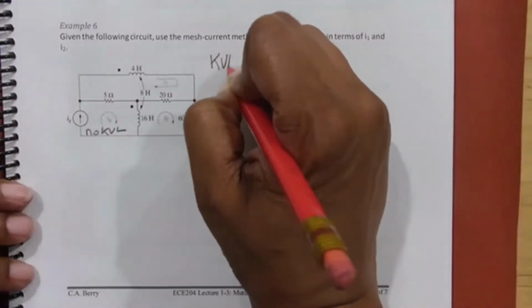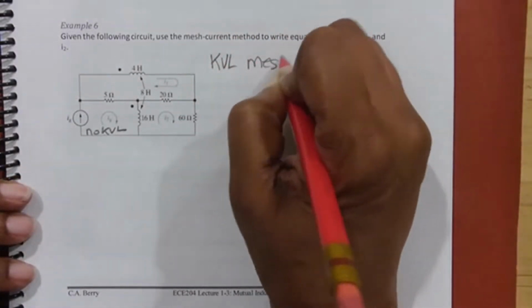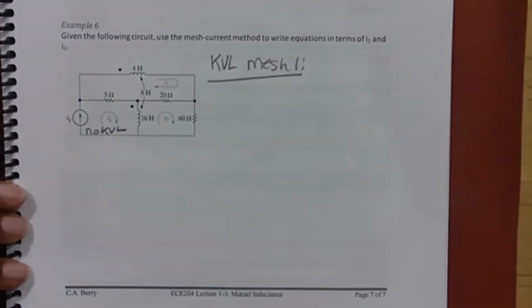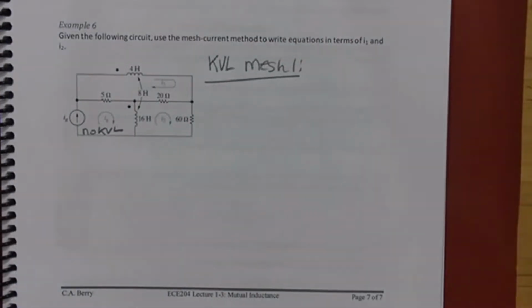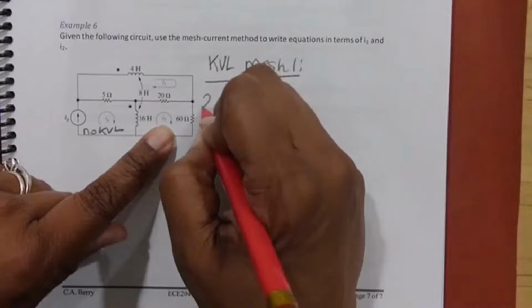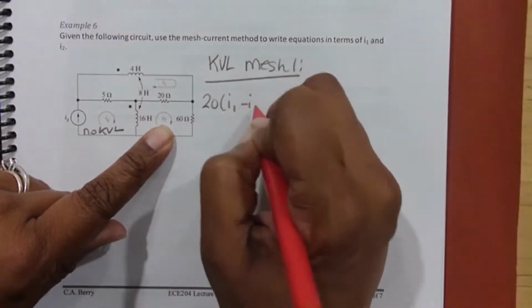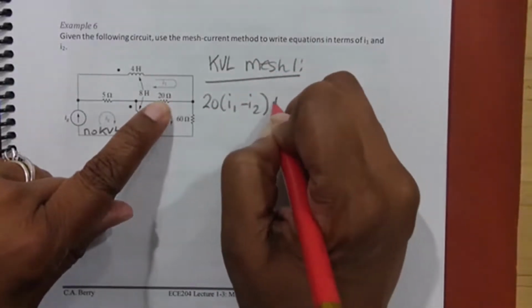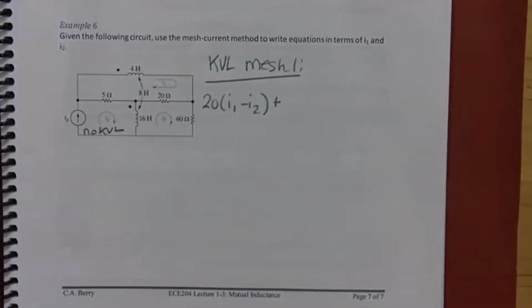Okay, so let's do KVL at mesh 1. Starting with the 20 ohm resistor, it's going to be 20 times I1 minus I2 plus 20 times I1 minus I2.